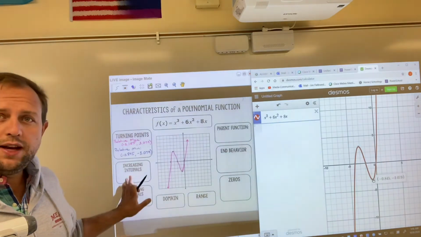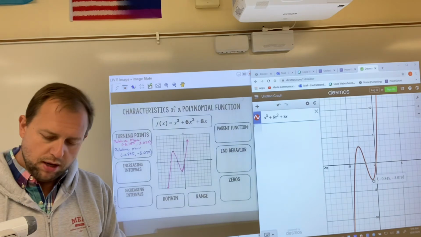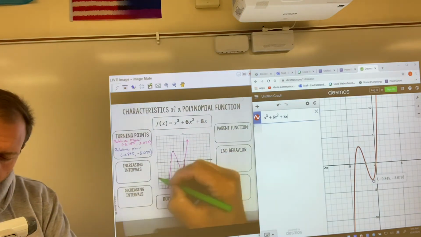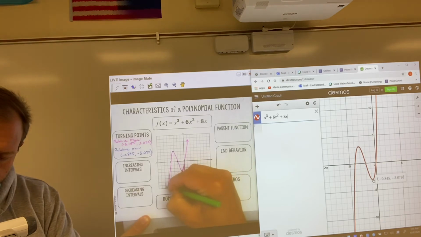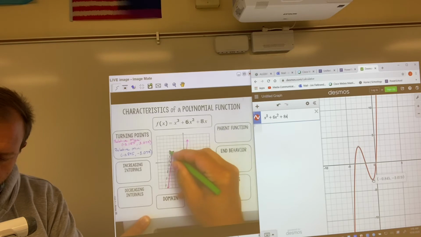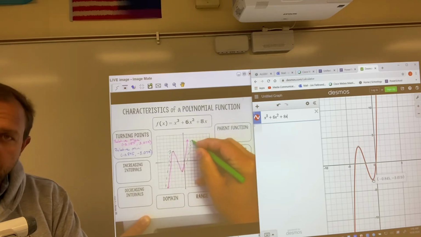For our increasing interval, where it's heading up, wherever we're going from left to right on our roller coaster, and we're heading up. So we got an increasing interval here and an increasing interval along here.